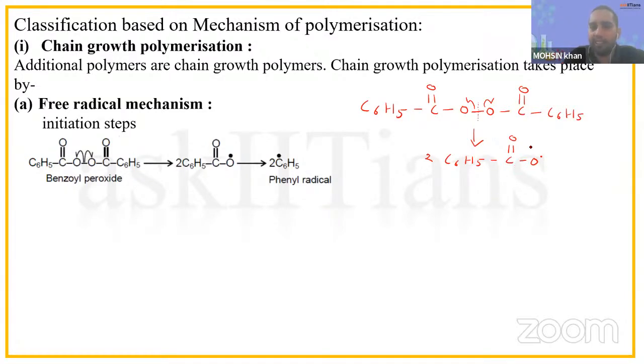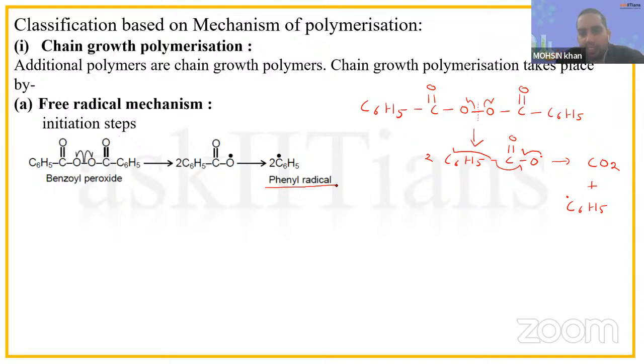So the radical will move here, and the C bond will break again in homolytic fashion, giving a radical on the phenyl group. Carbon dioxide will be removed as a side product, and we will get the C6H5 radical, known as the phenyl radical.